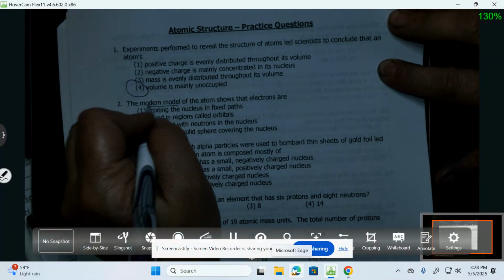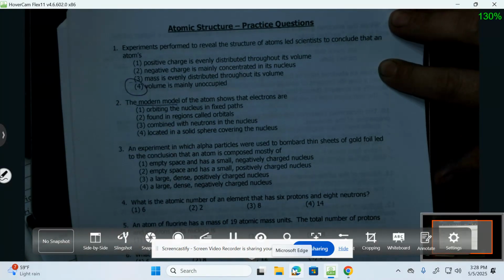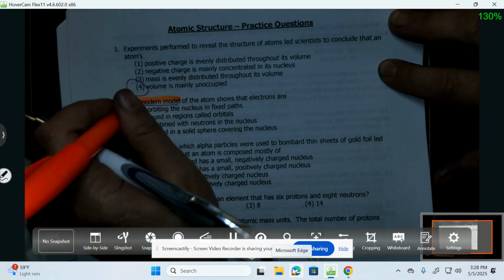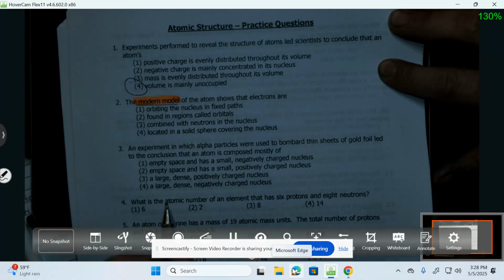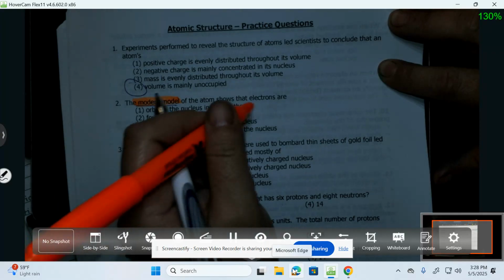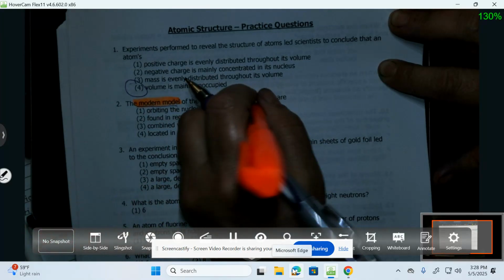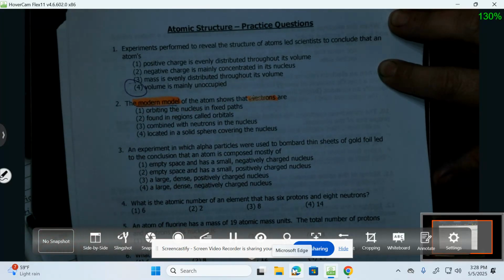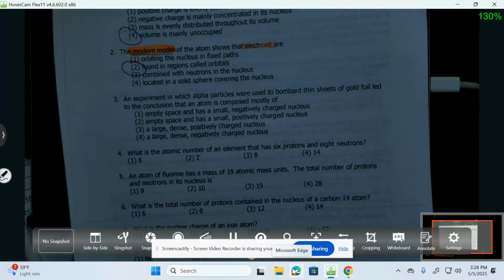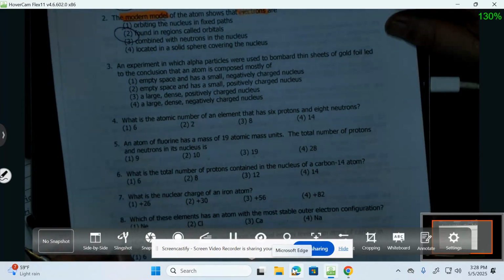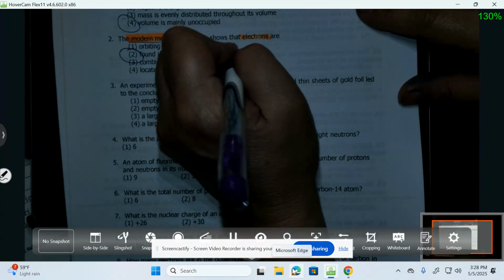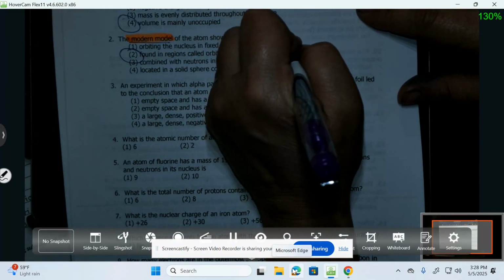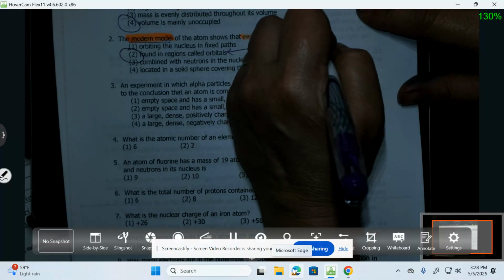The modern model, that's the model that we believe today. Soon as you see modern model, they're going to ask about the electrons, and sure enough, they do. Atoms show that electrons are where? In orbitals. Not in like planets around the sun, they're in orbitals. 3-dimensional regions of space.